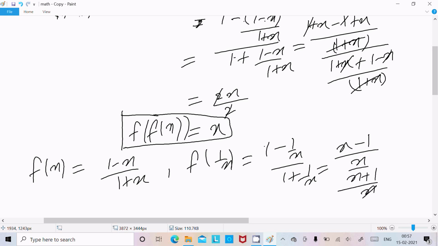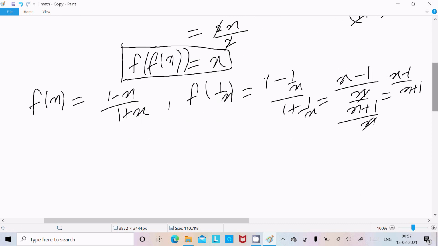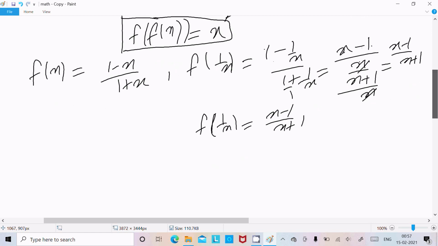I calculated directly without wasting time: (x minus 1) by (x plus 1). If you do the LCM, it comes x minus 1, x goes up, x plus 1. Then x cancels, and the value of f of 1 by x is now (x minus 1) by (x plus 1).